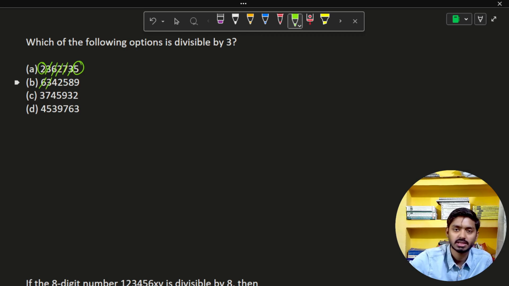In another, 8 and 2 would give 10, which is not a multiple of 3. In C, 7 and 5 is 11, which gets cancelled, so C would be the right option.